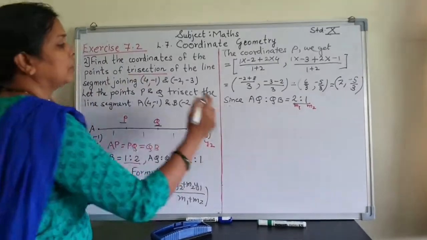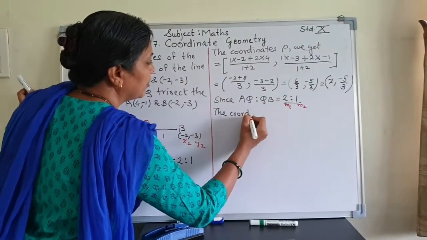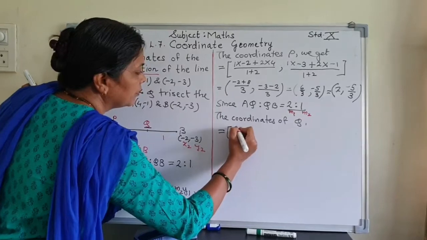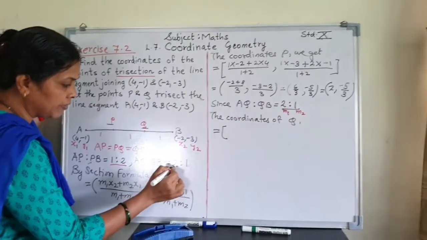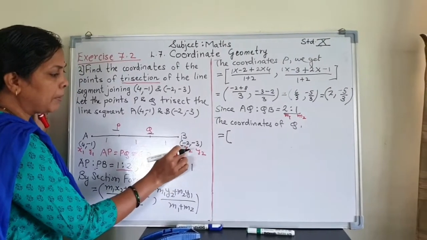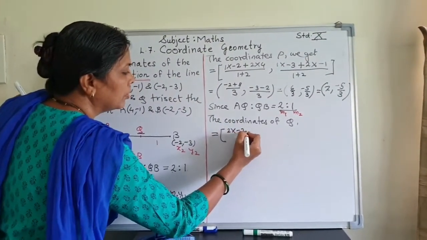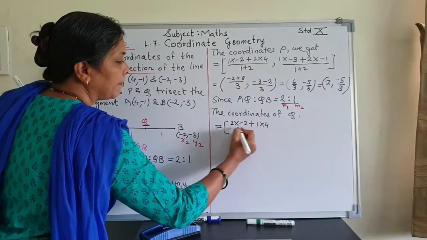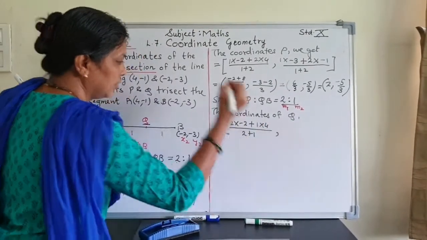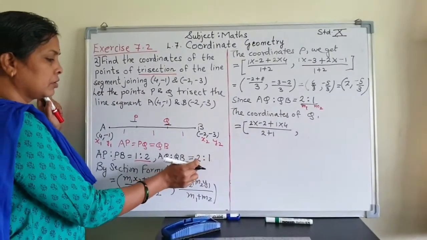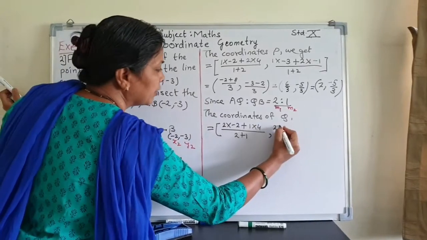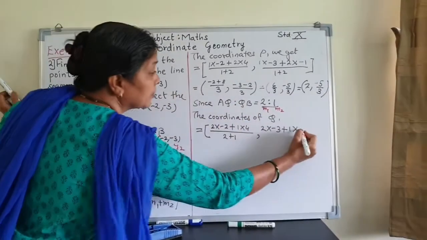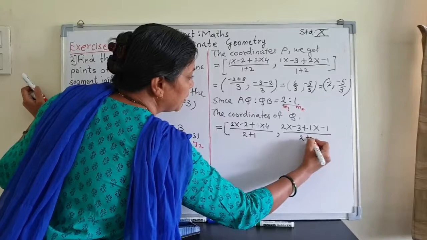So the coordinates of Q: 2 into -2 plus 1 into 4 upon 2 plus 1, comma, 2 into -3 plus 1 into -1 upon 2 plus 1.